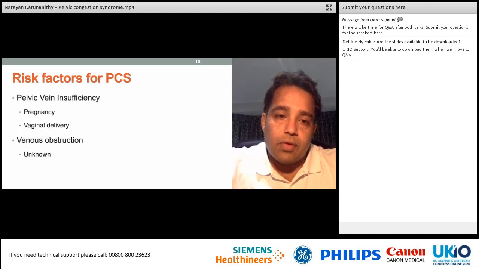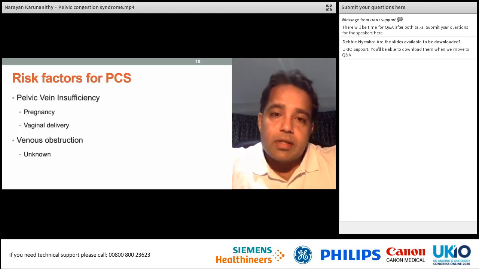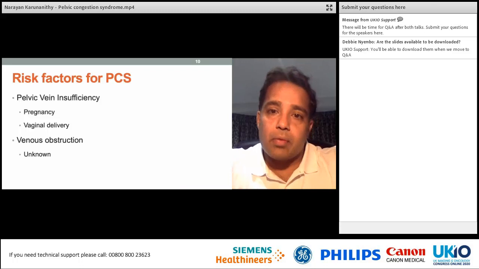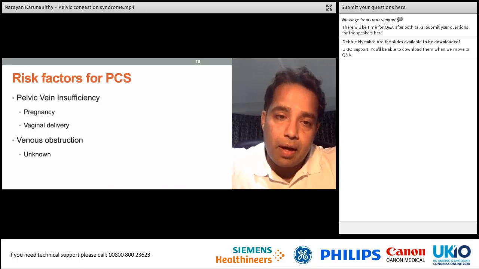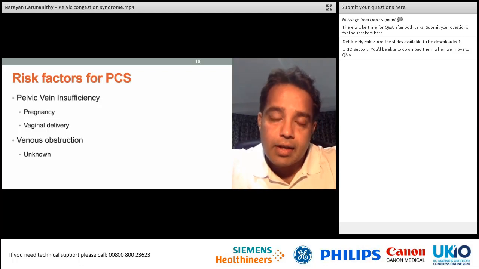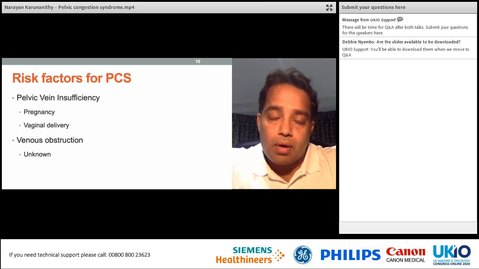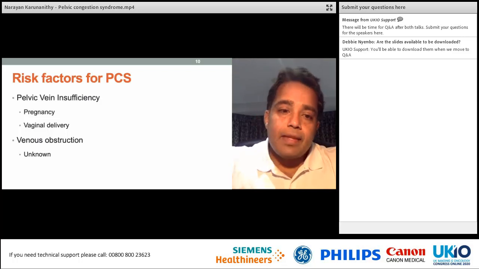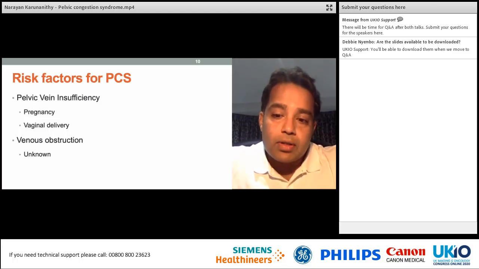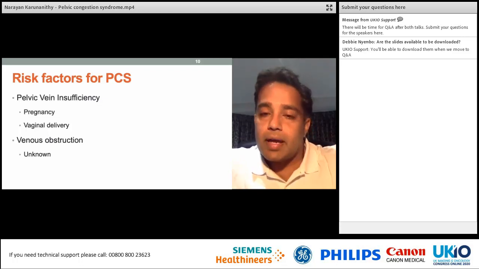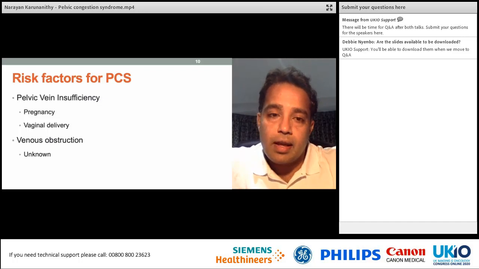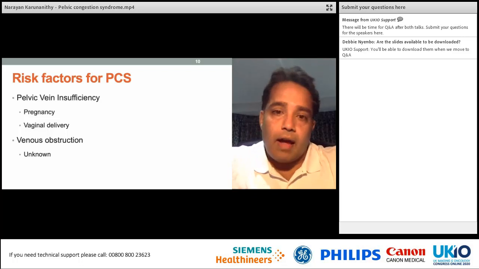The typical patient that we see in clinic is someone with chronic pelvic pain who describes it as worse after prolonged standing or at the end of the day, and who has had more than one pregnancy, and may or may not have physical manifestation of varices. Those make up the vast majority of patients that we see, and if the imaging features fit, they would go on to have treatment.